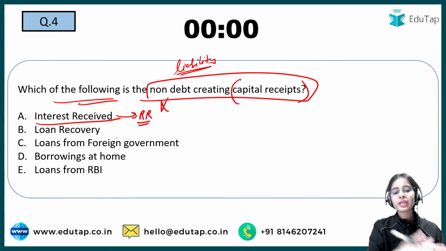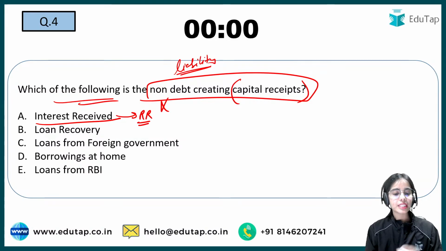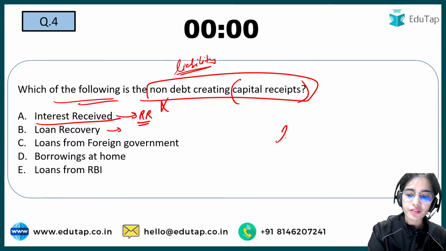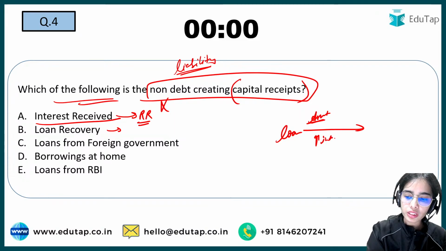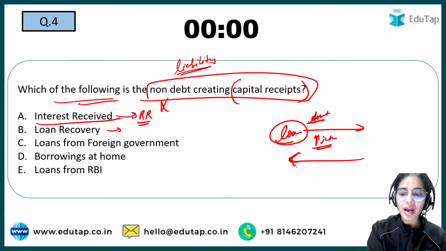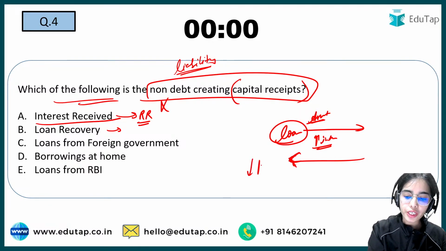If the government is receiving the interest on a regular basis, that is a revenue receipt. Loan recovery. If the government has given the loan, that is the asset of the government because the government is earning the interest on this loan. So the loan is the asset of the government. If the government is recovering this loan, getting back this loan, this is reducing the asset of the government, that is a capital receipt.